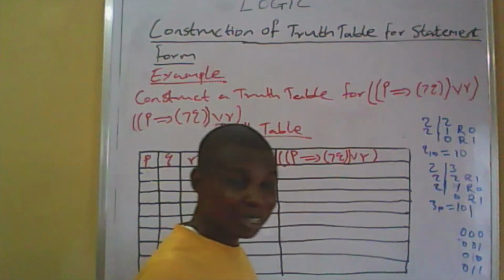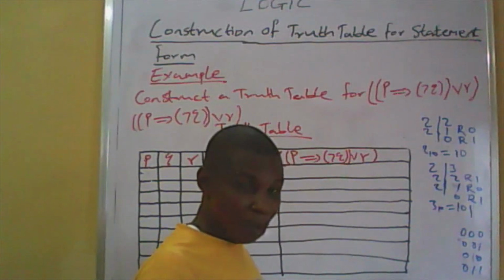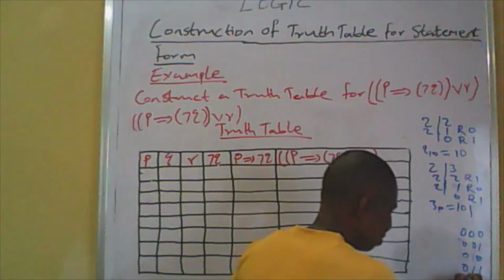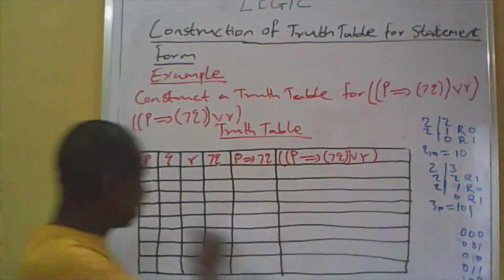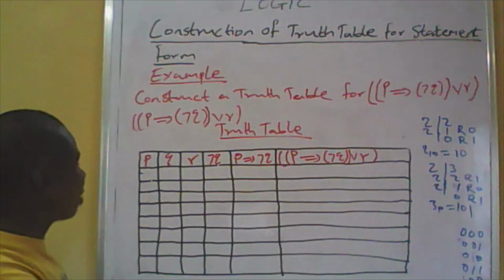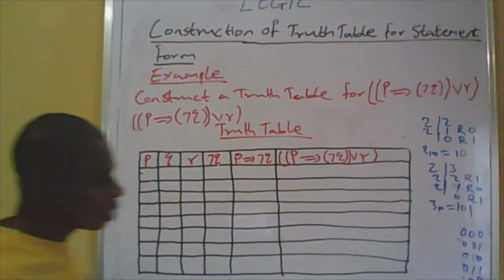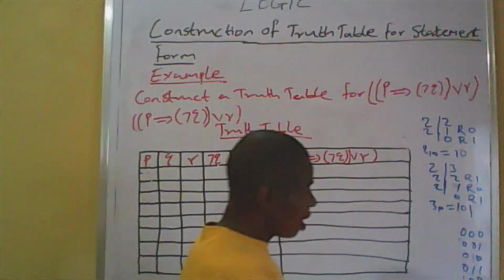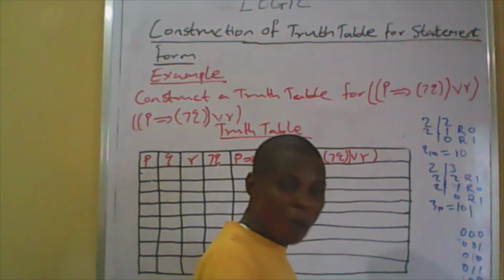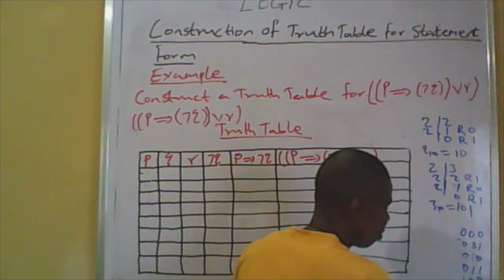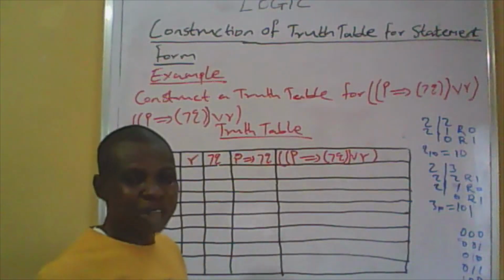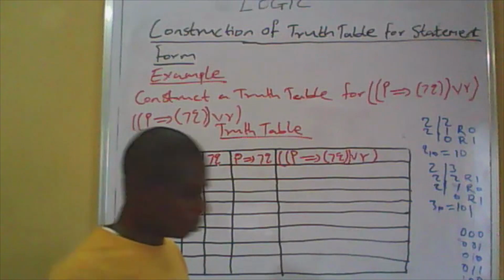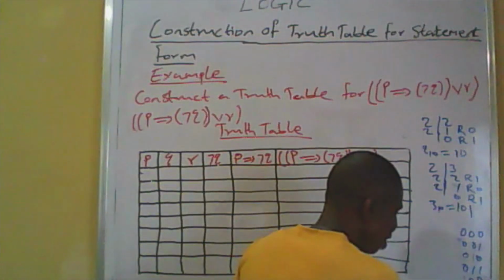Another one is 100. After 11 comes 100, which represents the whole three-statement truth value. The other one, after you count, is 101. Another one you will count is 101. After 101, I count 111.